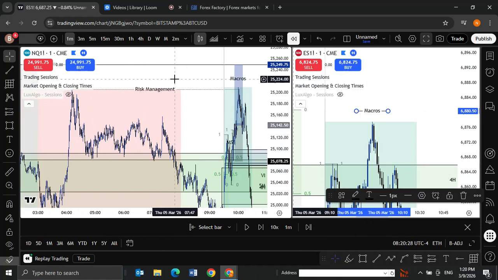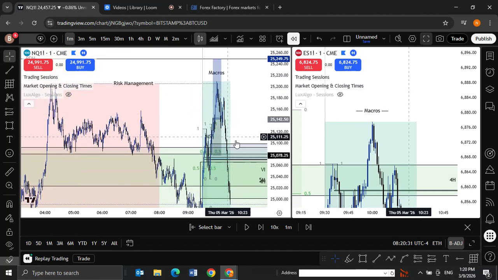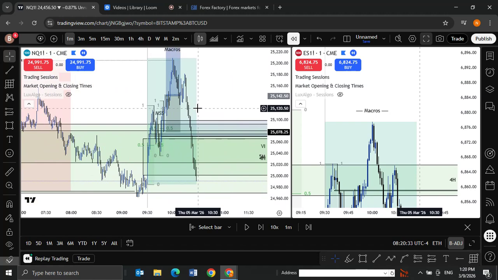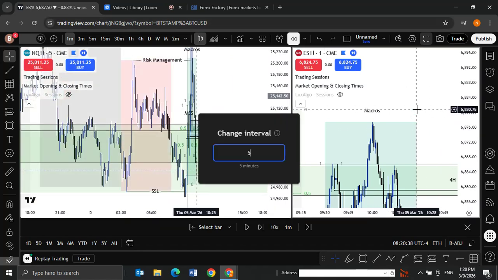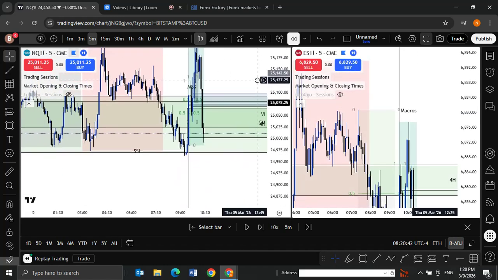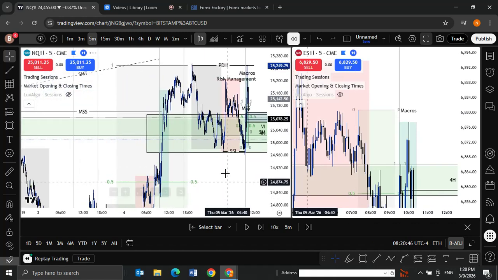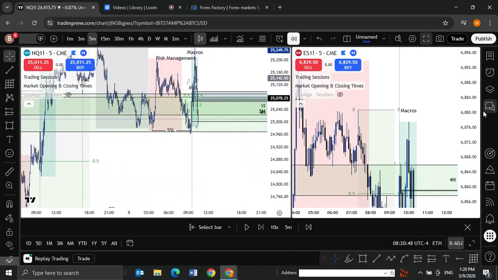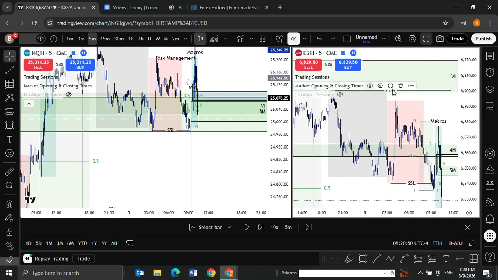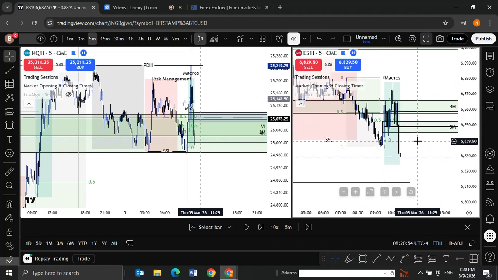Also know that London was taken. So can I consider this as my manipulation? I think if I go to the 5 minute time frame now, it's going to look like manipulation. I also have an SMT, right?